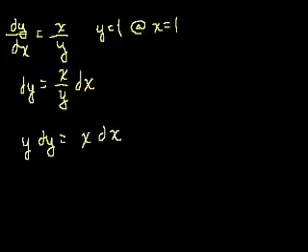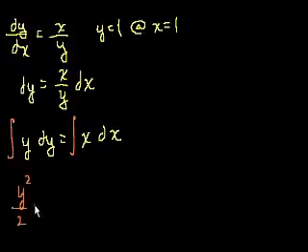Now we can take the integral of both sides of this equation. Take the antiderivative on this side with respect to y, on this side with respect to x. I don't know why I did it in brown. So what's the antiderivative here? Well, it is y squared over 2, and I could say plus c, some constant.